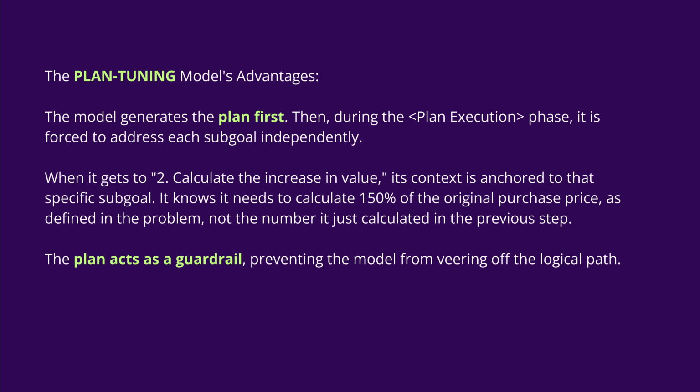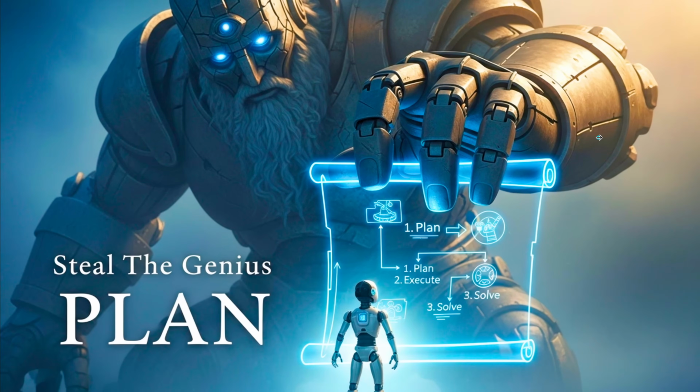Find other solutions, compare the different solutions that you as an AI found from the internet and from your internal knowledge, and then design the best plan for this specific human query. So you see this plan also acts as a guardrail, preventing the model from going off the logical path. It is another Kullback-Leibler divergence on a meta level to bring it down, so that our probability distribution from next token prediction stays close and does not go crazy into configuration space or solution space.